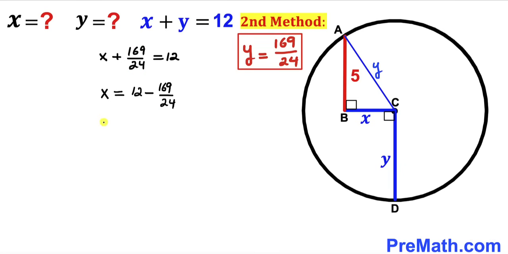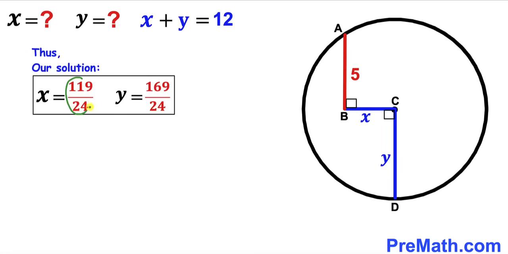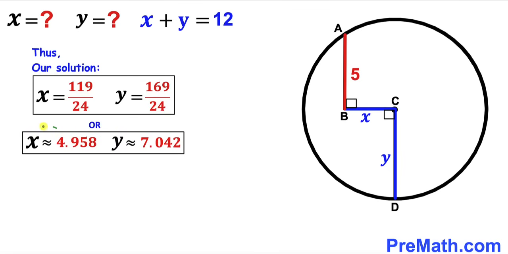And if we subtract, our x value simply turns out to be 119 divided by 24. So thus our x value turns out to be 119 divided by 24 and y value turns out to be 169 divided by 24 by using both methods. And in terms of decimals, x value is going to be approximately equal to 4.958 and y value is approximately equal to 7.042.